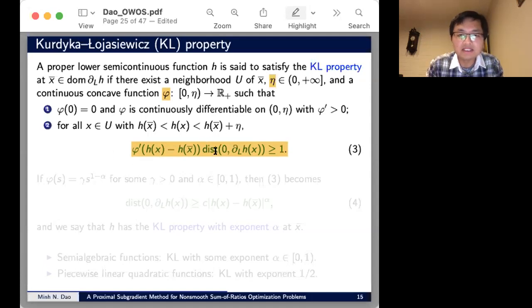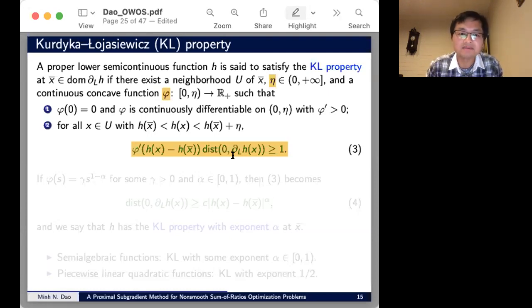Here is the distance between 0 and the limiting subdifferential of function h, and in applications we just consider the distance as the norm of a subgradient.